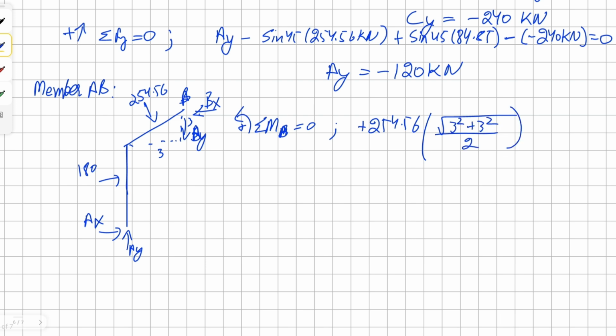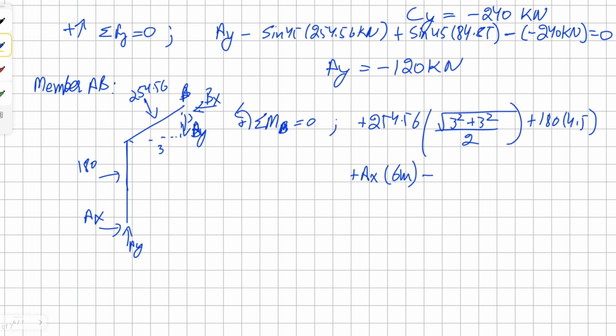I'm dividing by 2 to get the midway point, and then we have 180, that's 4.5 meters away, and then we have positive AX, that's 6 meters away, and then we have negative AY, but note we also have another negative from the value we found earlier, and that's 3 meters away, equals 0.